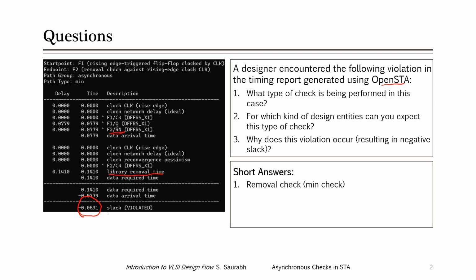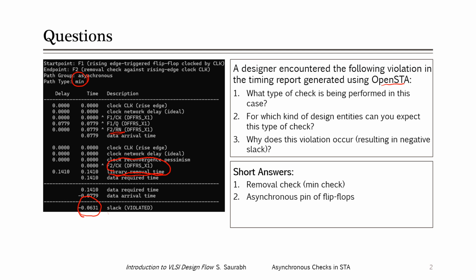So the short answers to these questions are as follows. What type of check is being performed? This is a removal check. We'll be looking into what removal check is, and it is also a type of min check, minimum check. We'll see what is a minimum check. And the answer to the second question, on which design entities can you expect this kind of check?